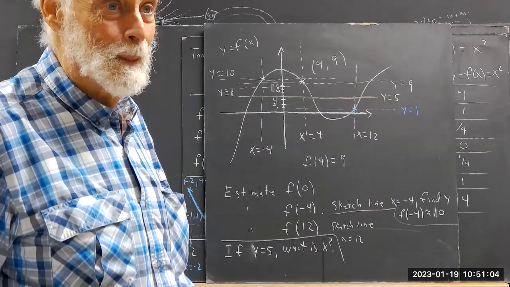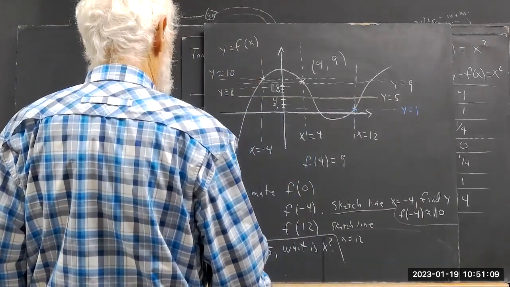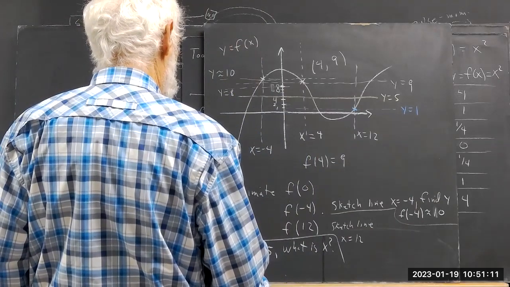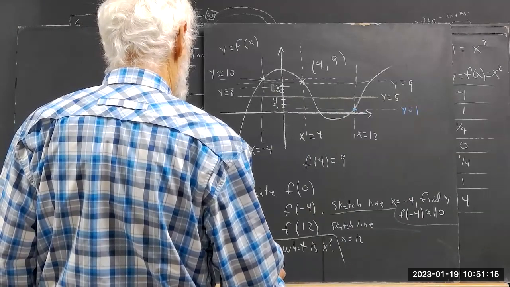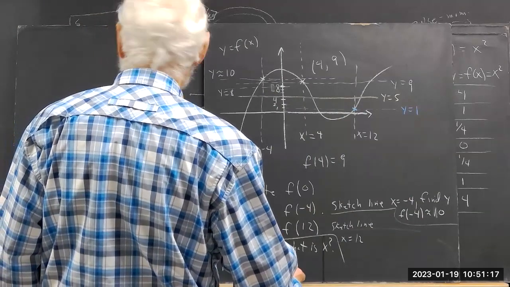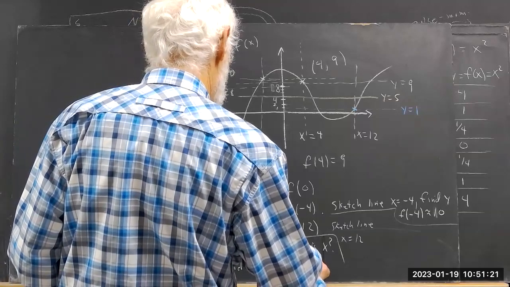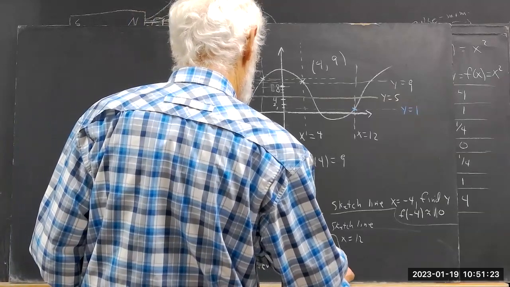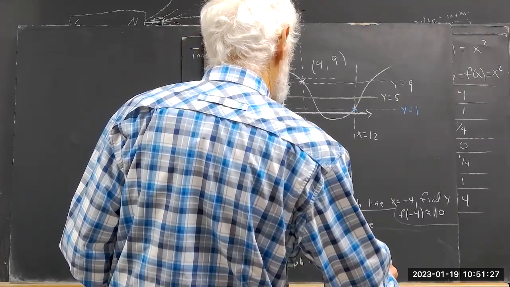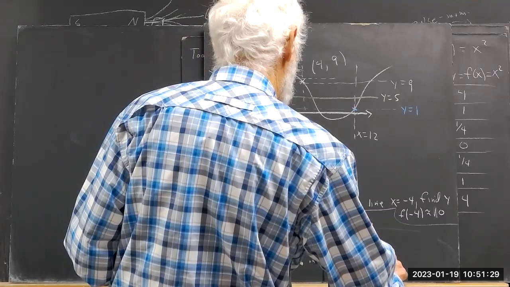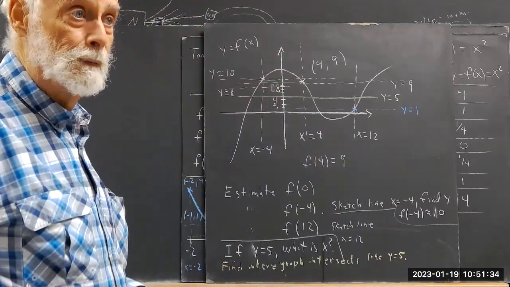Okay. So here. I'll say you find where the graph intersects the line y equals 5.